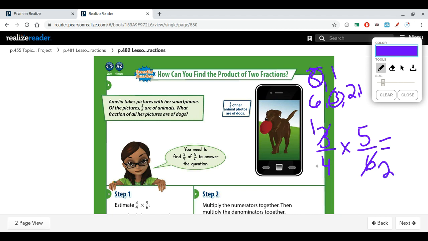And now I look at 4 and 5. 4 has 4, 2, and 1 that I can divide it by. 5 has 5 and 1. And so they are already simplified. I can't cross cancel. So now I just multiply straight across. I multiply the values that I changed. So 1 times 5 is going to be 5. 4 times 2 is going to be 8.